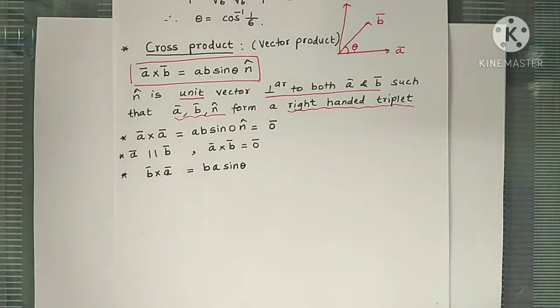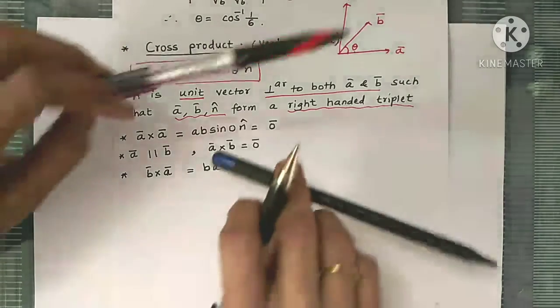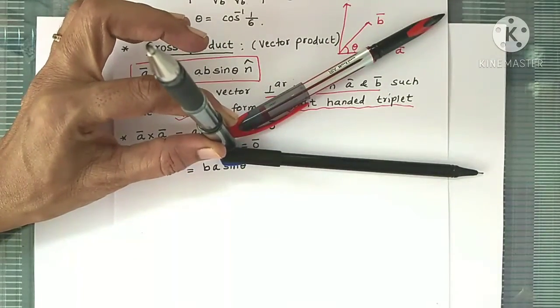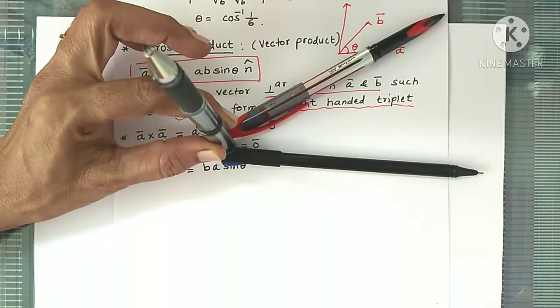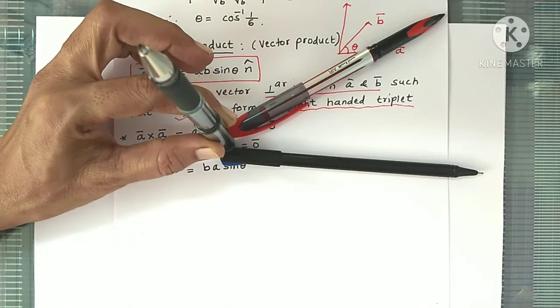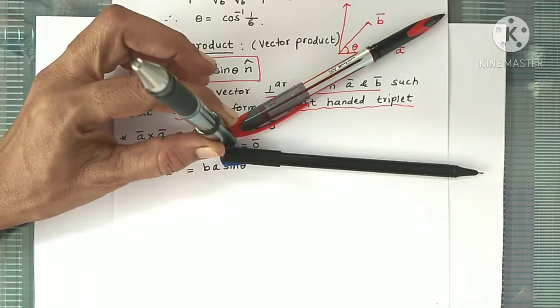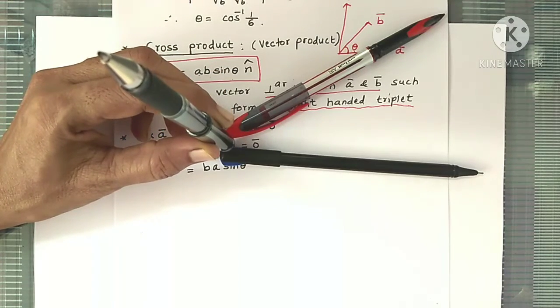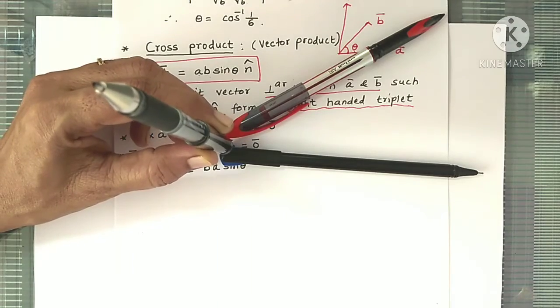Now when I consider A bar and B bar, if this is A bar, this is B bar, and this is n cap, then A bar, B bar, n cap form a right-handed triplet. But when I consider B bar cross A bar, that means I have to rotate the screw from B bar to A bar. So in that case, I can't take n cap.